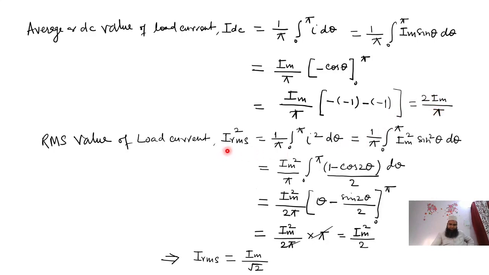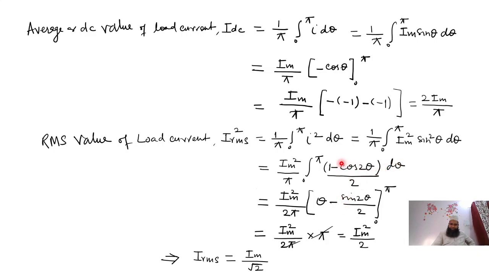Now the RMS value we can take for the same load current. IRMS square equal to 1 upon pi, integral 0 to pi of i square d theta. This can be written as 1 upon pi, integral 0 to pi of Im square sin square theta. We can take sin square theta equal to 1 minus cos 2 theta upon 2, d theta.